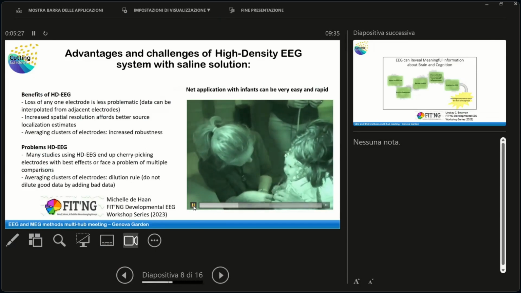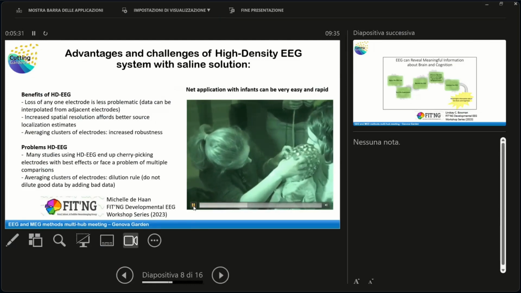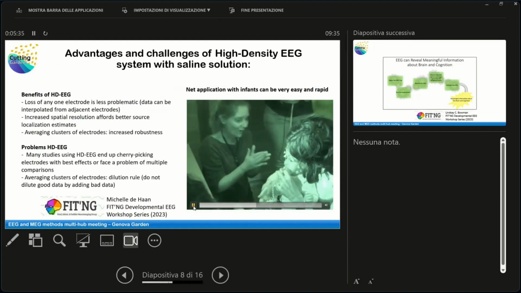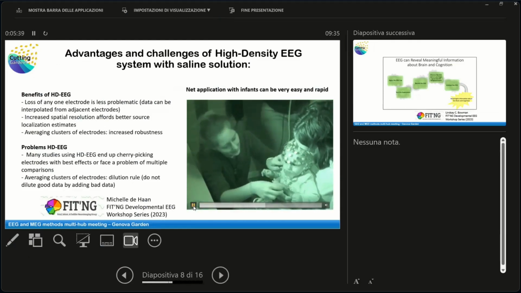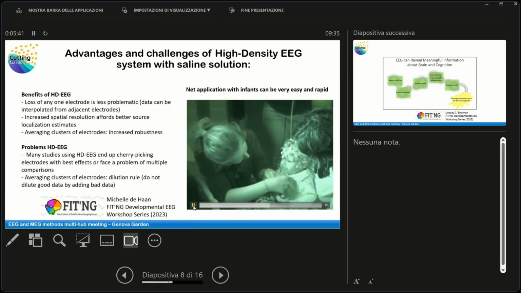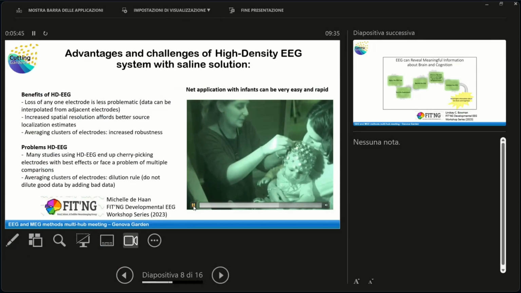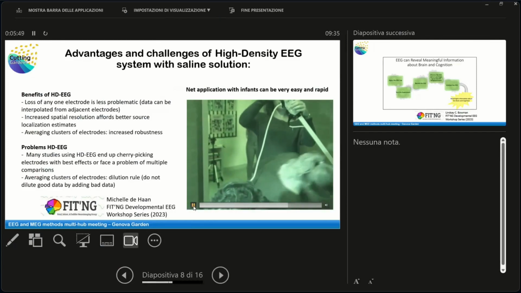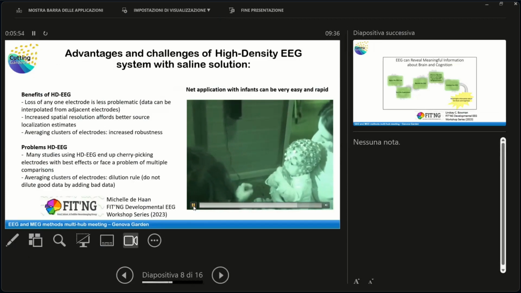The net is already on, and it's done. So it's less than 2 minutes, probably 1 minute. And the impedance usually is already perfect because, you see, this is a 6-month-old baby that has no hair at all, and net application is just perfect and very, very easy.